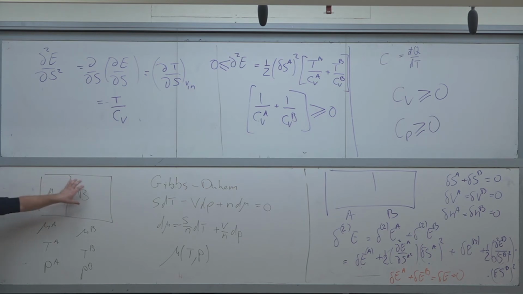The pressures of those two systems are also equal to each other. All right? This means that, well, if they are in equilibrium, the chemical potential of system A is also equal to the chemical potential of system B.